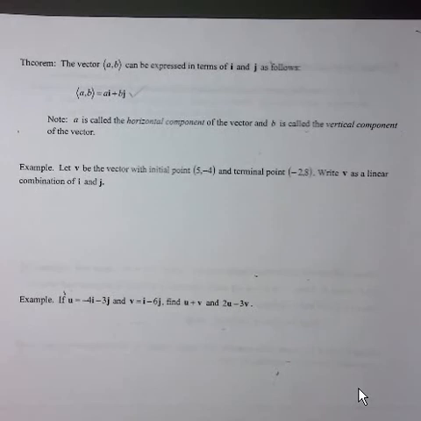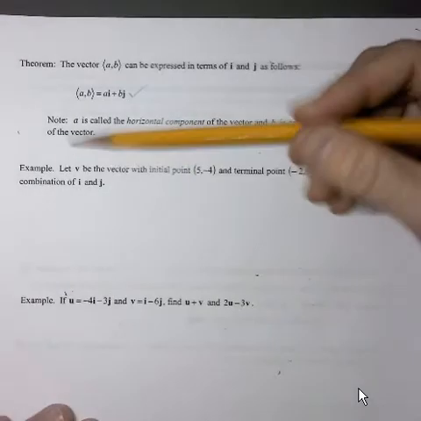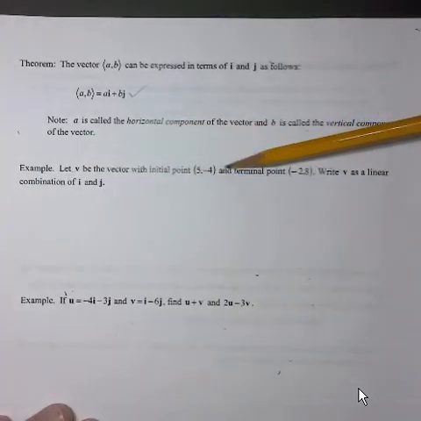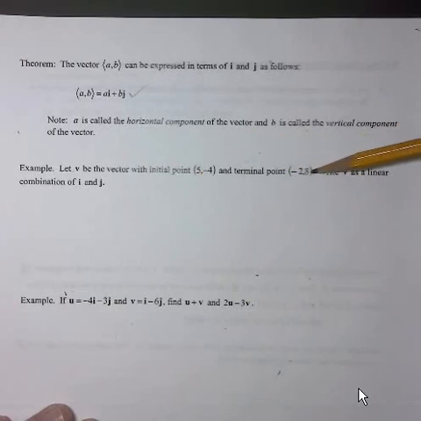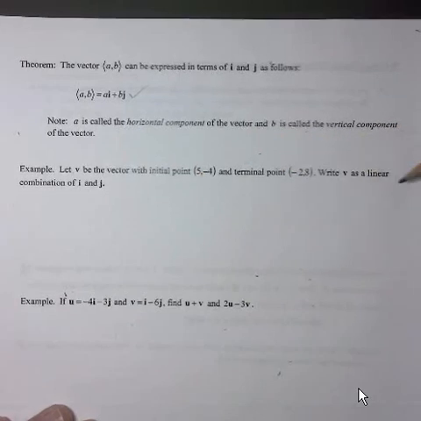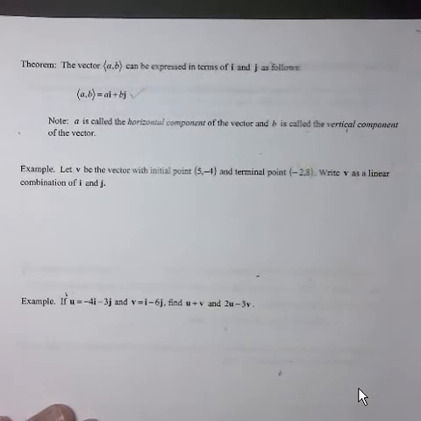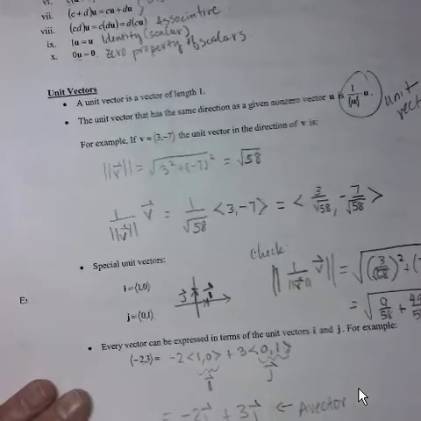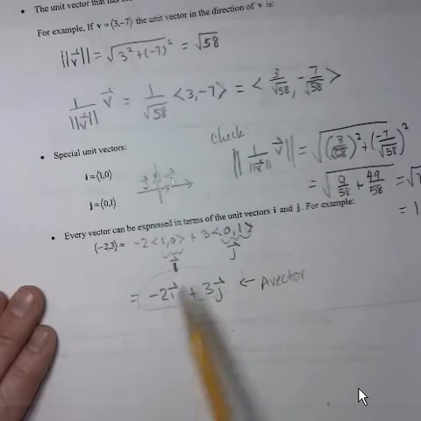So if v is the vector with initial point (5, -4) and terminal point (-2, 8), right, v is a linear combination of i and j. You take a multiple of i, a multiple of j, and add them up.